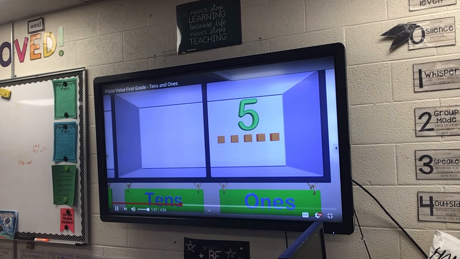Great job. We can see the number 5 above the room, and we are not breaking the house rules because we still have just one digit in the room. Now let's add 4 more ones blocks. How many blocks do we have now? Can you count them for me? We have 9 of the ones blocks.